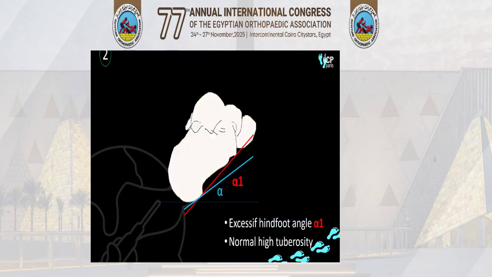Our second case is a vertical heel, not specifically eye tuberosity, more normal eye tuberosity, but a vertical heel with this excessive angle, alpha angle.